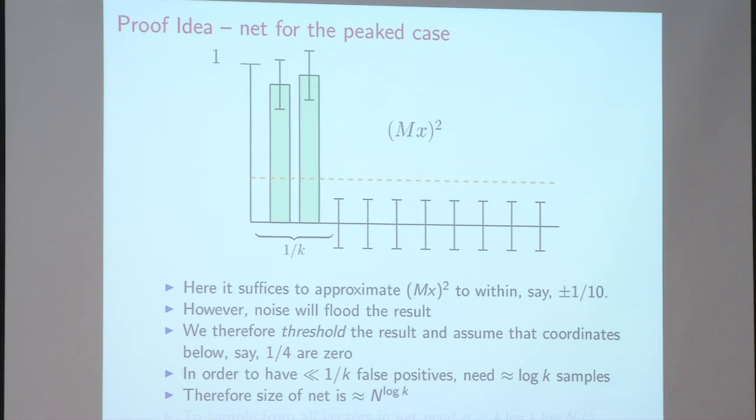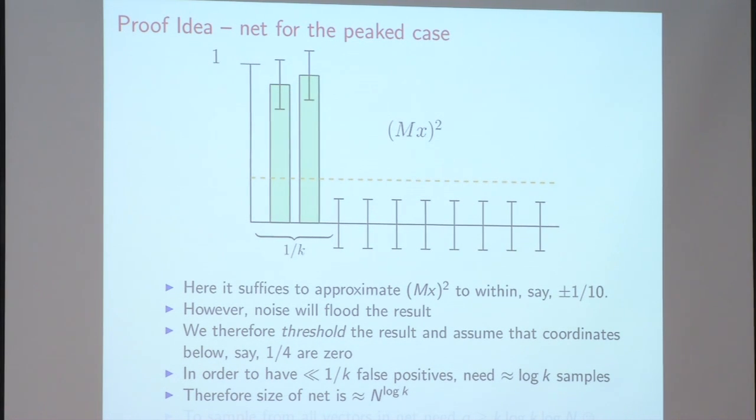And what we need to do now is go to the second part of the argument. We have the net, a small number of vectors. We want to understand how many coordinates we need to sample in order to approximate them well. Now those vectors are harder to sample because they're so peaked, right? I cannot just take a constant number of coordinates and hope that I sample the vectors well, because a constant number of coordinates won't fall in that small area.